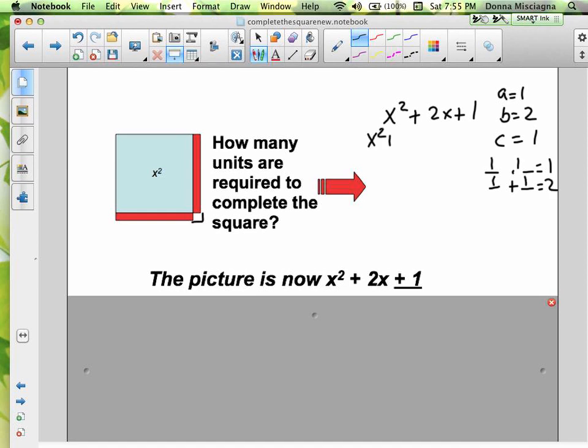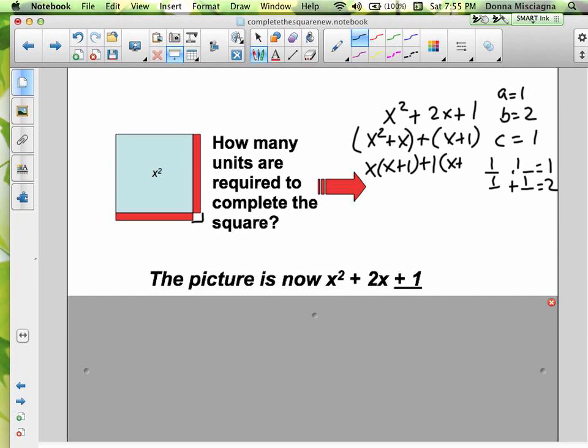So x squared plus 1x, or just x, is going to be a group, plus x plus 1 is going to be a group. Common factor for x squared plus x is x. If we divide x squared plus x by x, we get x plus 1. No common factors other than a 1 for x plus 1, so we'll factor out the 1.